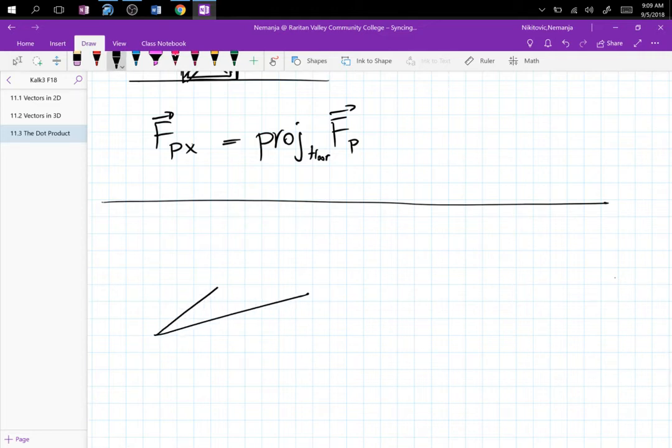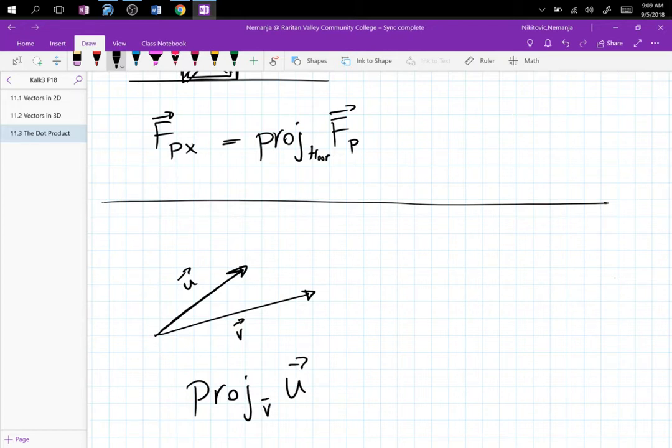So, in general, when we are explaining this in math terms, we have our vector u and our vector v, and we want to compute the projection of vector u onto vector v.